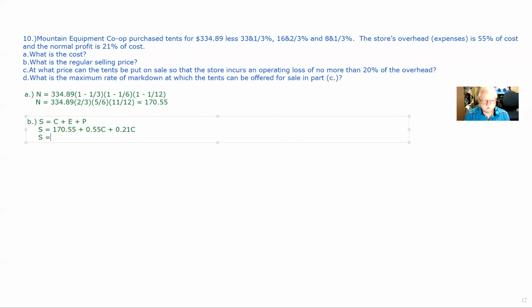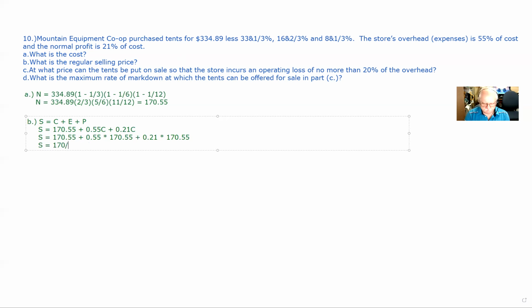But we actually know the cost. So 0.55 times 170.55 plus 0.21 times 170.55. So we can figure these bits out as we go.